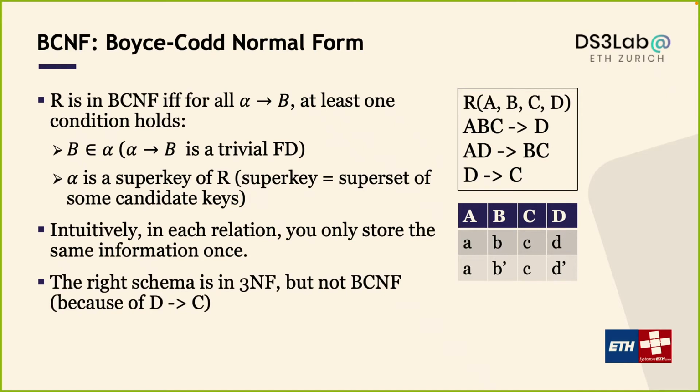Why? Because you check D to C, and the right-hand side C is part of a key. But it's not in BCNF, because D decides C is not trivial, and D is not a superkey. So this design is not in BCNF.